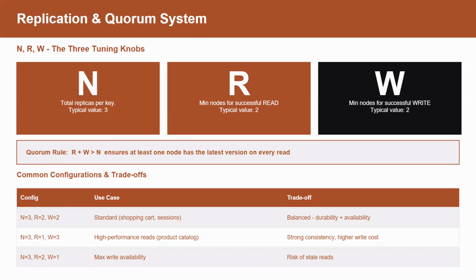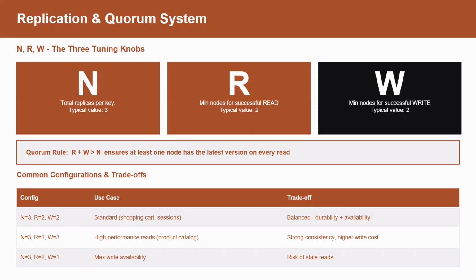First, N means the total number of copies or replicas stored for each piece of data. For example, if N equals 3, Dynamo stores the same data on 3 different servers. This improves fault tolerance because even if one server fails, the data still exists elsewhere.